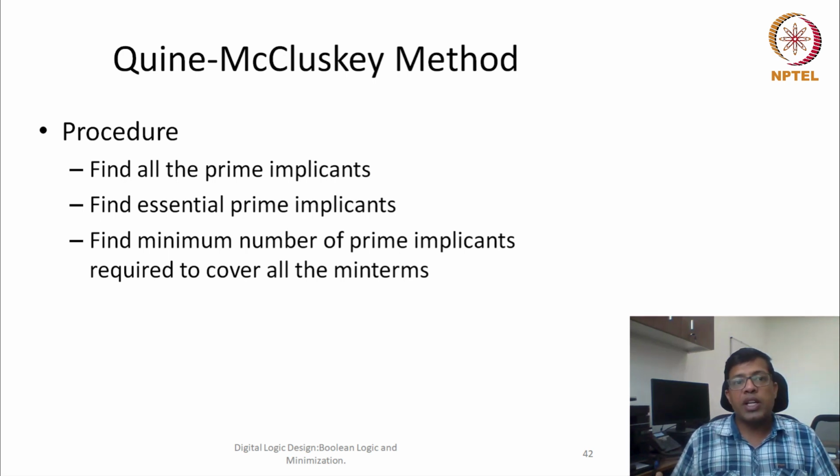Then we were trying to find essential prime implicants, meaning those prime implicants which are essential because a particular min term is covered by only one particular prime implicant. And then finally giving an optimized expression. The same method can be utilized in a tabular rather than graphical form. This method is called QM, or Quine-McCluskey method.